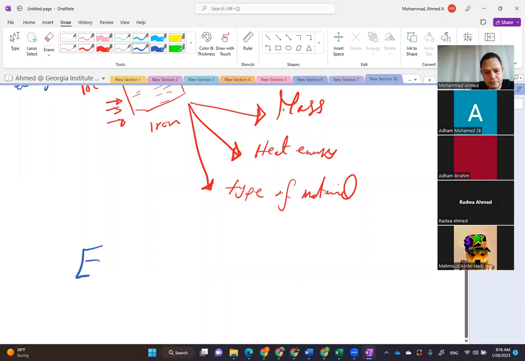E equals m c d theta. I need c equal to how much, and I need d theta equal to how much. Can you solve this for me, please?